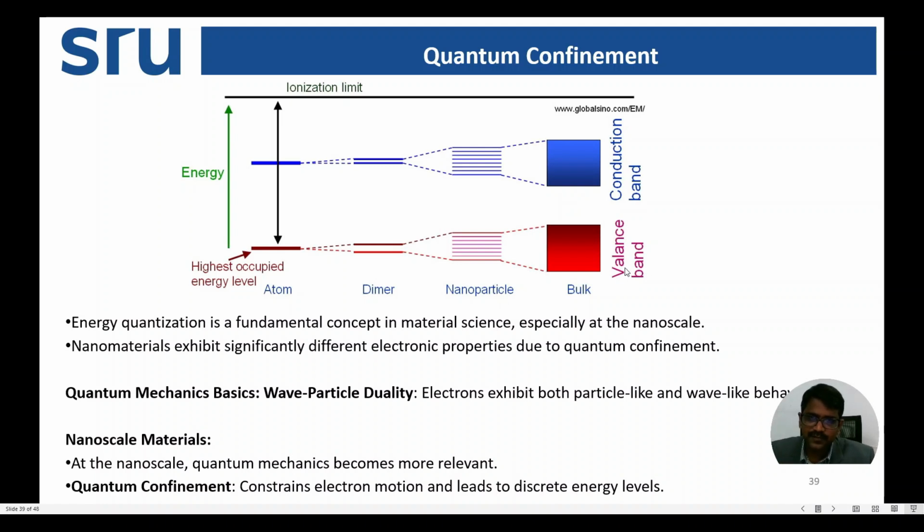Here you can see this is a bulk material, then a nanoparticle, and then the atomic level, from macro size to atomic size. In bulk materials, the valence band and conduction band have energy levels that are very close, almost continuous energy levels.